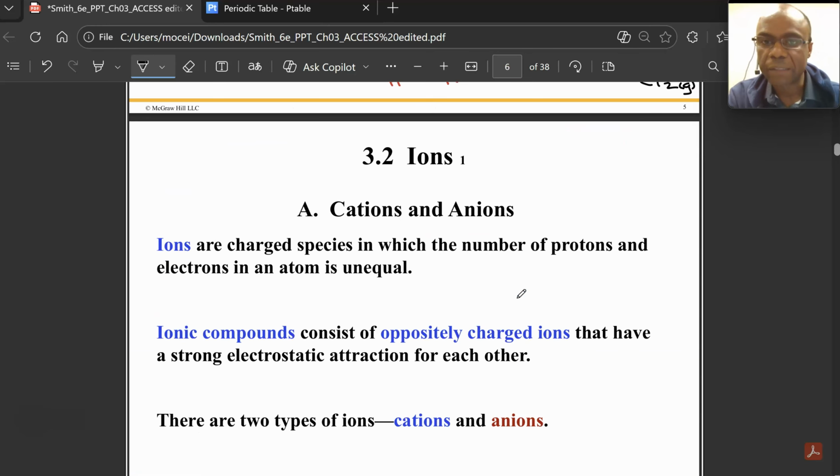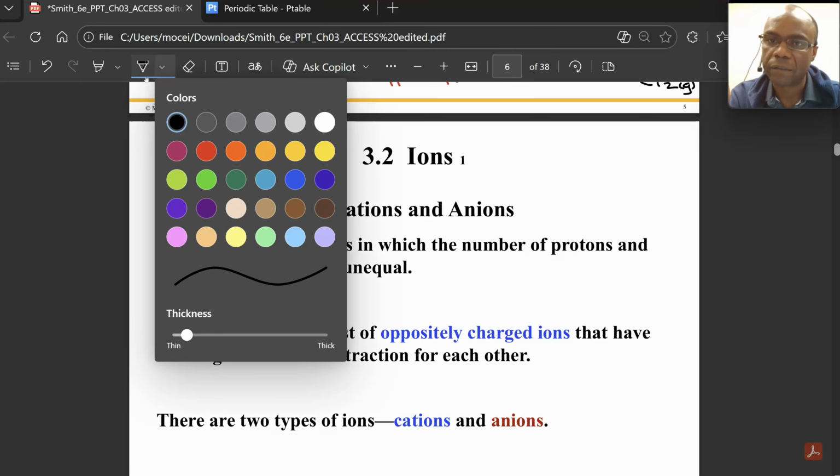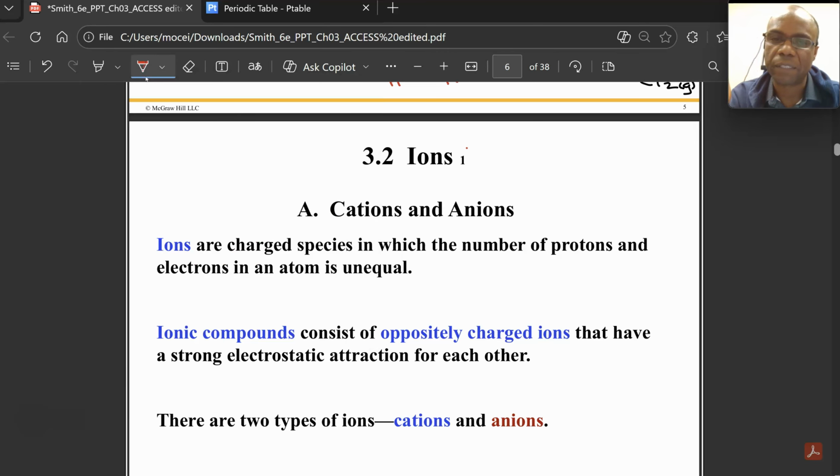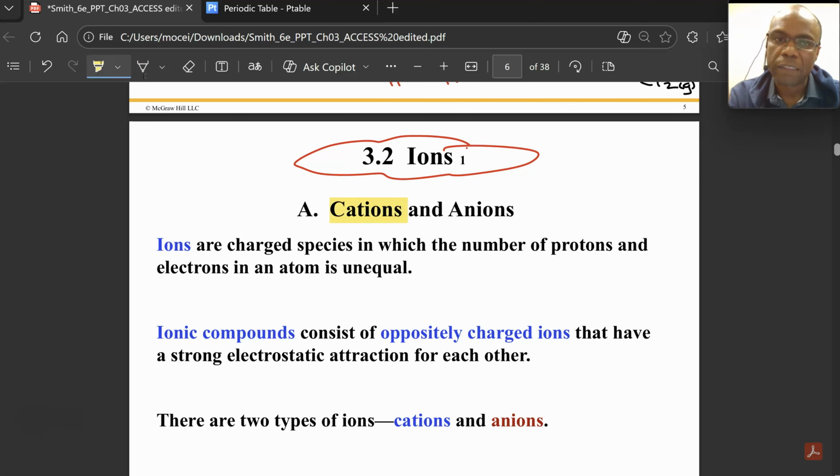So now let's get back. We gave the introduction of ions. We've given the introduction of covalent structures and covalent bonds. Now we can give details of each of these. We start with ionic compounds and how ions are formed. What are cations? What are anions?